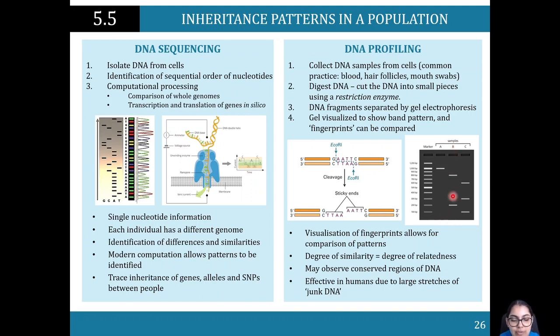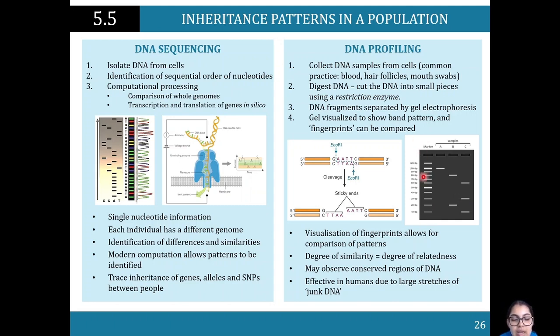Using this, we can compare fingerprints to determine crime scene related suspects, to determine paternity. That's also where DNA profiling is used, to compare paternity and to determine if two people are related or not.